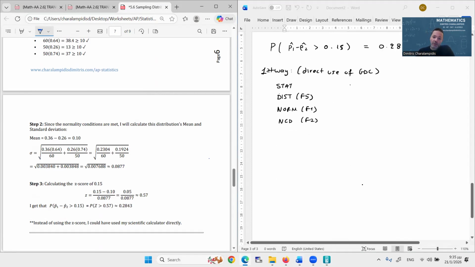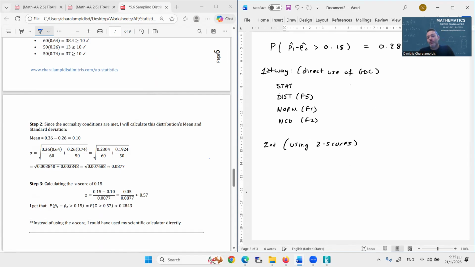Of course, there is a second way, because we might see it using z-scores. We have seen in 5.2 that given a normal distribution with a mean of mu and a standard deviation of sigma, the z-score of a value x0 would be x0 minus the mean over sigma.